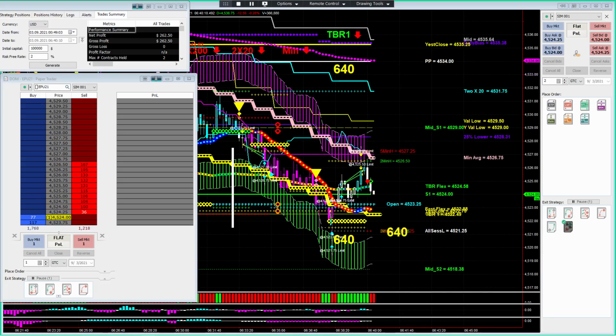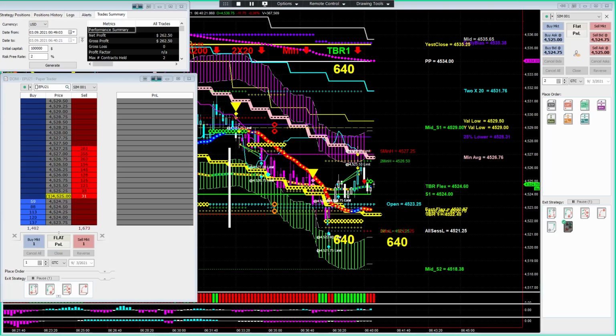We're not in a great area for either, right? I don't want to go long into the minute average. I don't want to go short, even though it would have worked before. I don't want to go short into, again, S1 in the open, especially with news coming in.